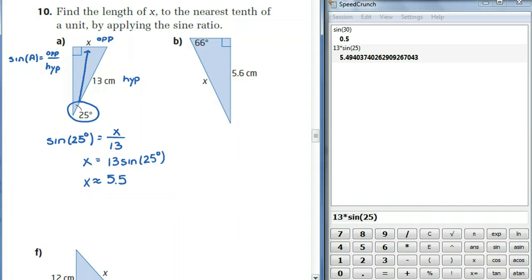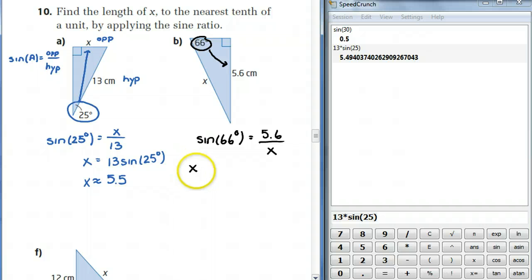Okay, let's do this next one. So this is the angle I'm working with. In this case, if we take a look, we see that 5.6 is the opposite, and x is the hypotenuse. So therefore, we know that sine of 66 degrees is equal to the opposite, which is 5.6, divided by the hypotenuse, which is x. The algebra here is not hard, but it can give a little bit of a pause.